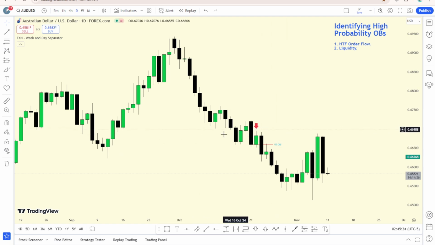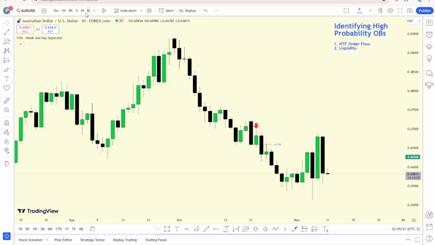I'm going to outline the weekly order flow, which is our higher time frame, because we are on the Australian dollar daily chart. We'll define the order flow on the weekly chart, which supported this movement lower. Any up close candles formed within this range were defined as the order block, and it will be a high probability order block.